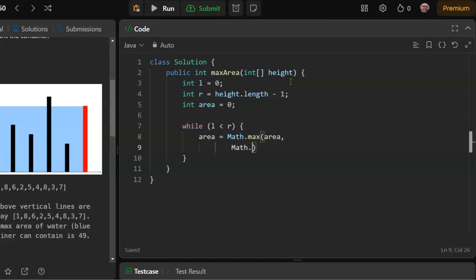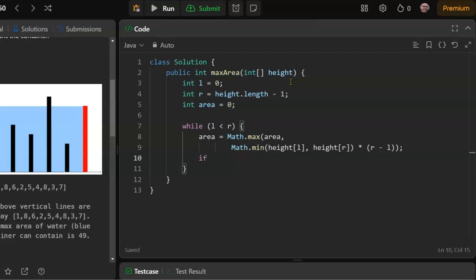The way we compute the area is math.min of height L and height R. So the smaller of the two lines times the width between the two lines, which is R minus L. All right, that should give us, each time through, the largest area that we've seen so far.